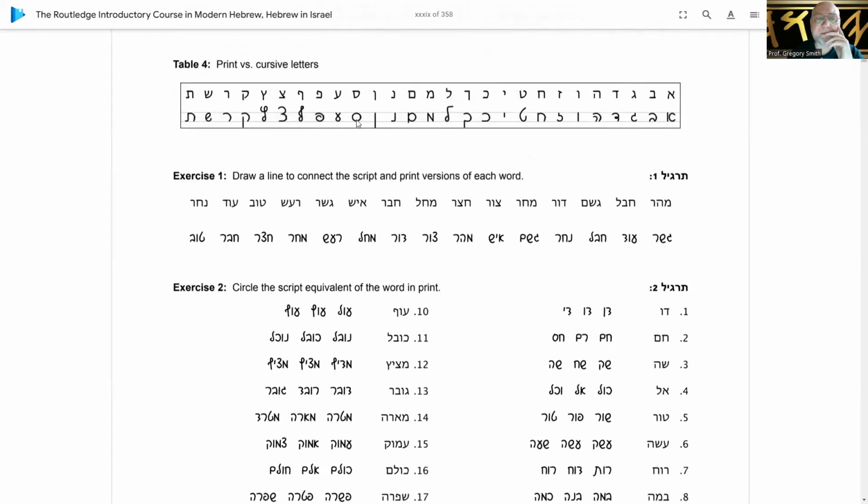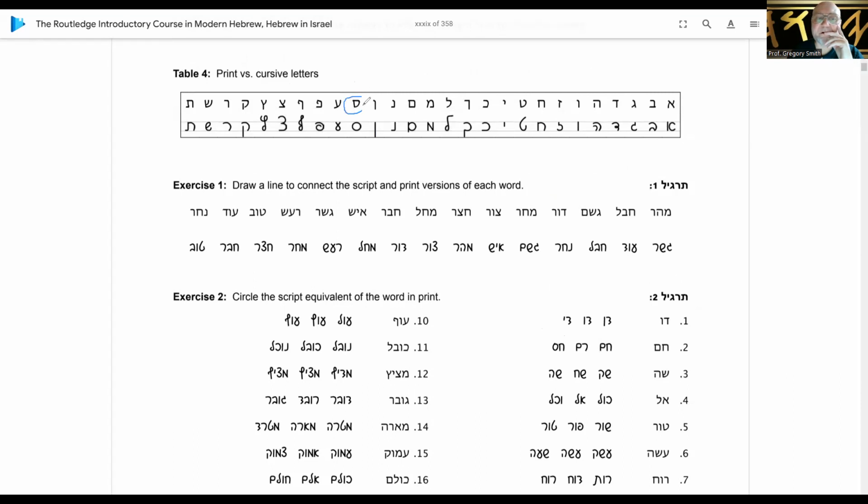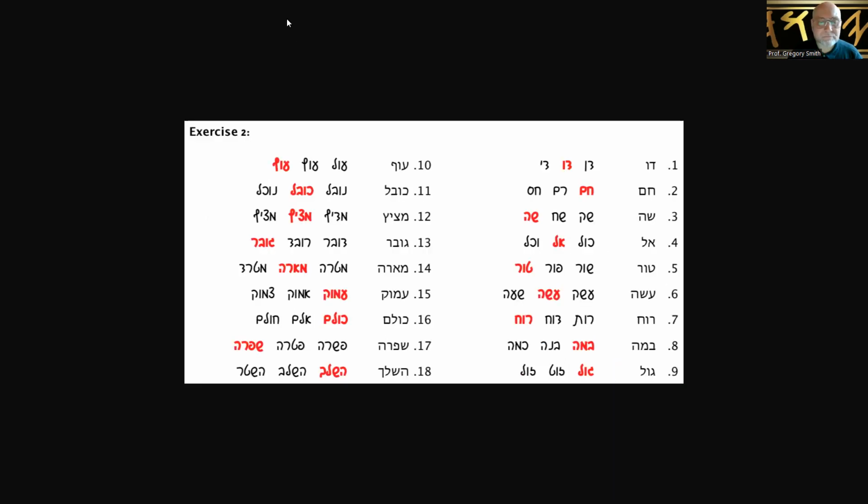Oh, there is a samech, and look at that perfect O. Block script is not a perfect O shape, but it is in cursive. So it's not this one, it's not this one, so it's got to be the first one here. And there it is. There's hem in cursive Hebrew script.